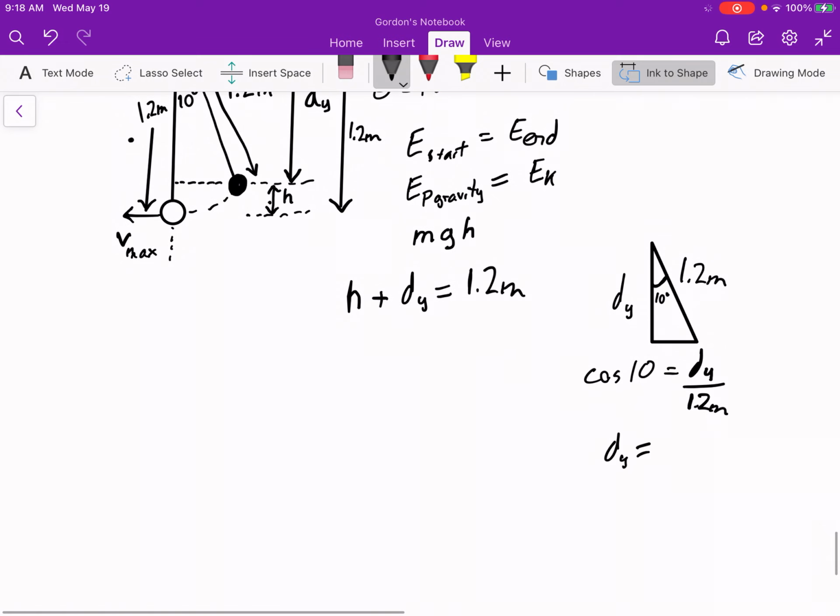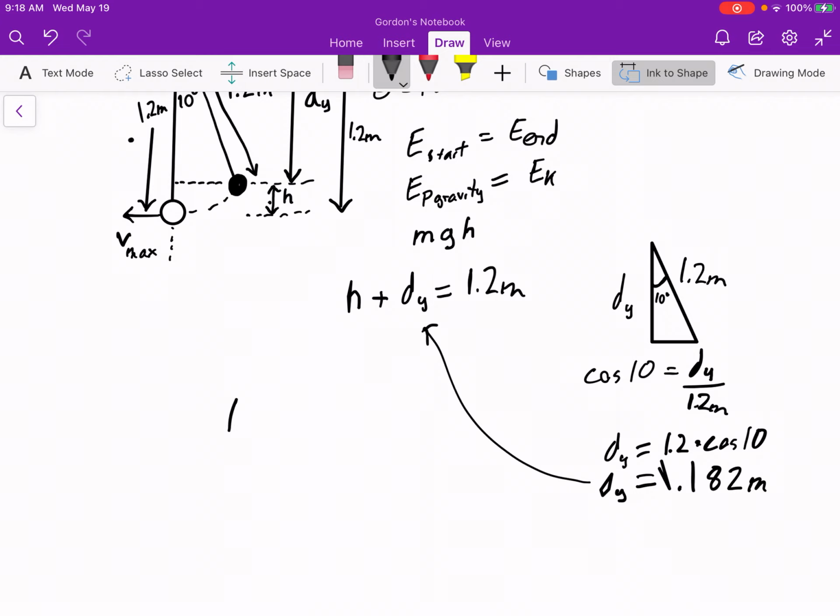This vertical side is going to be equal to 1.2 times cosine of 10, which is going to be very close to 1.2. It's 1.182 meters.